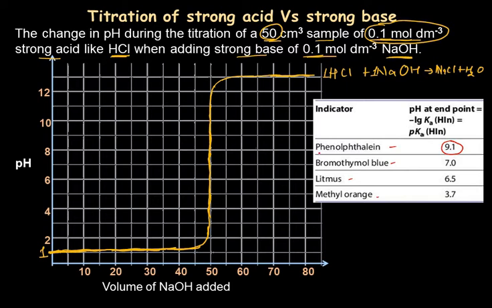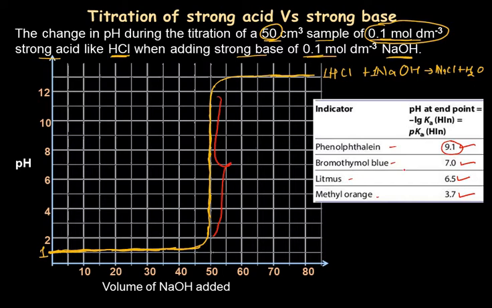So here we have to choose an indicator whose color change, or end point, lies in this vertical portion of the curve. Now here we can see that almost all the indicators have their endpoint, their color change, lying in this pH range.